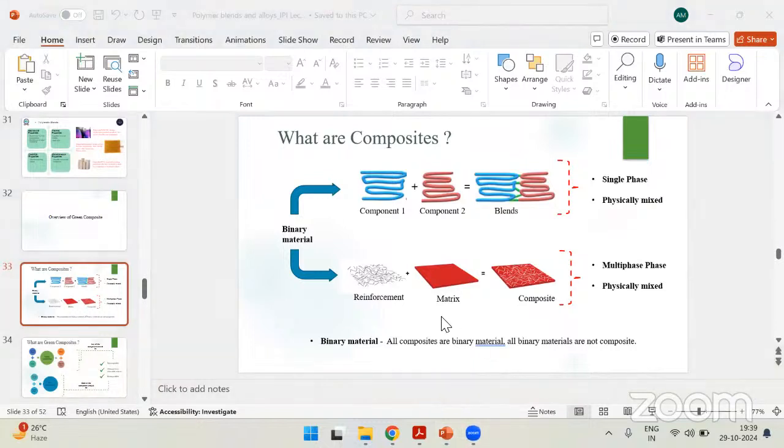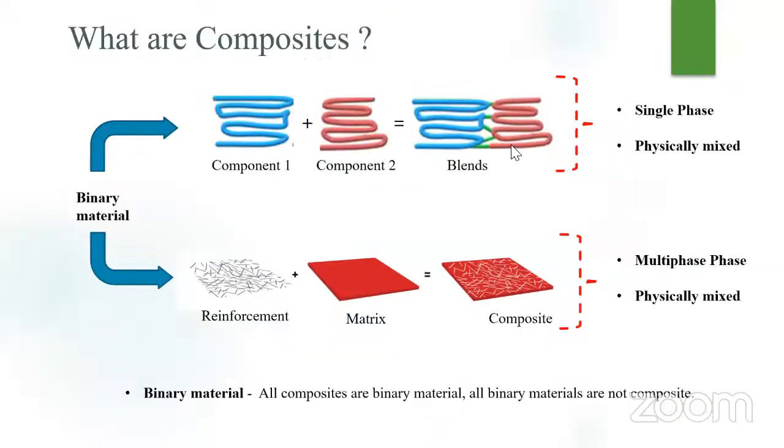So a blend is a binary material, and a composite is also a binary material, and they are distinguished based on their phases.